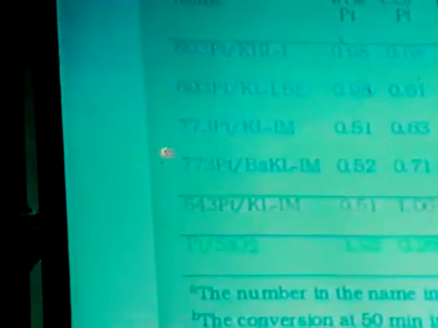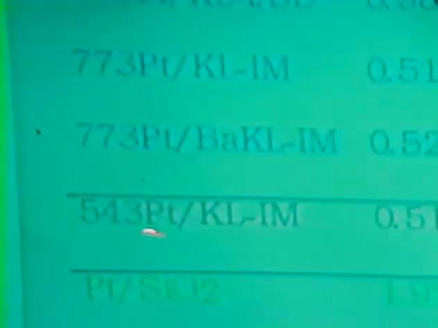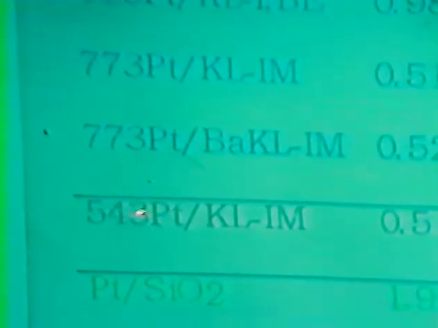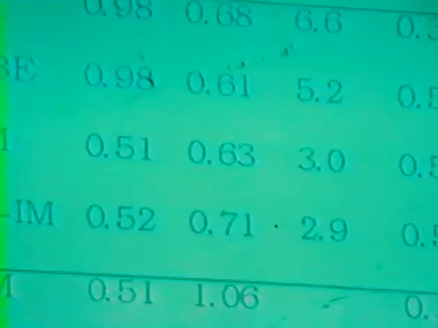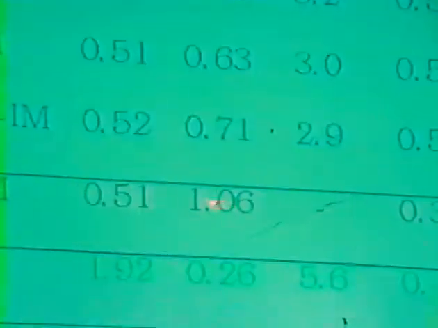If we compare these two catalysts, this one and this one, both are prepared by impregnation, but they have a slightly different calcination temperature, and this one, which is calcined at the lower temperature, has a better dispersion. The dispersion measured by CO chemisorption is 0.6 for this one, and about 1 here.